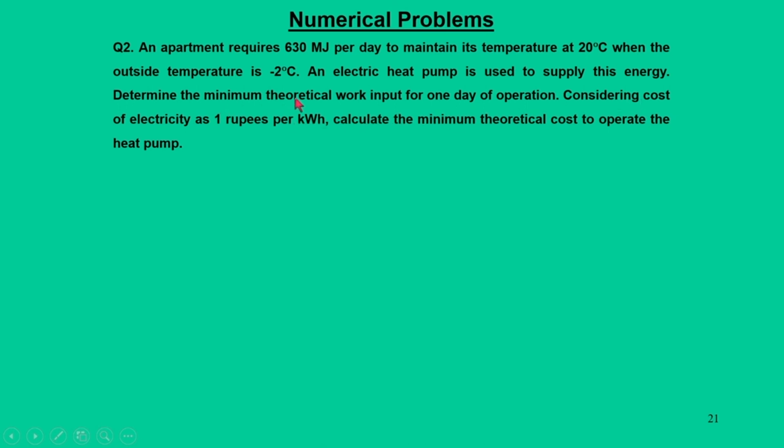So, you have to calculate the minimum theoretical work input for 1 day of operation, and if you take the cost of electricity as 1 rupee per kilowatt hour, what will be the minimum theoretical cost to operate the heat pump. Now, when you say minimum theoretical cost or minimum work input, then it must be a Carnot, because the Carnot heat pump or refrigeration system should require the minimum amount of work.